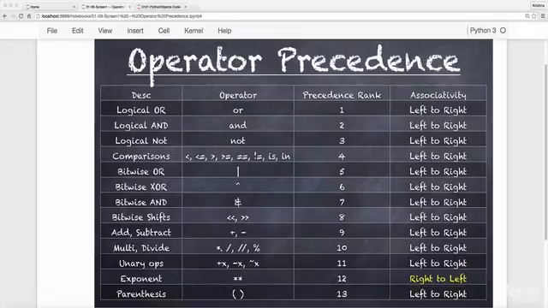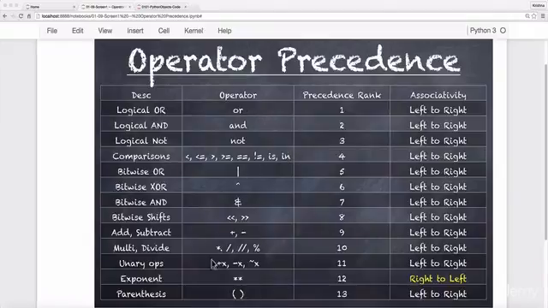All this will be more clear to you when we see some examples. So basically, there are 2 rules. One is the precedence rule, and the second is the associativity rule.